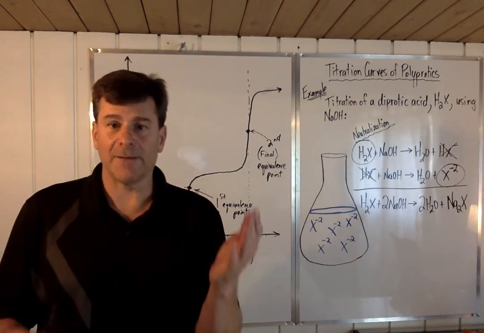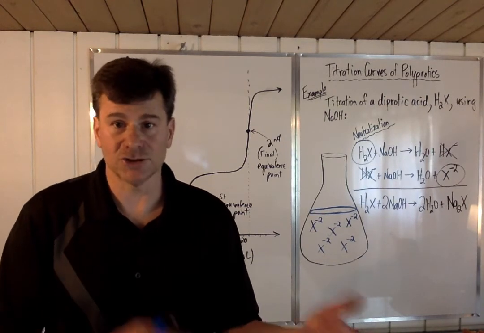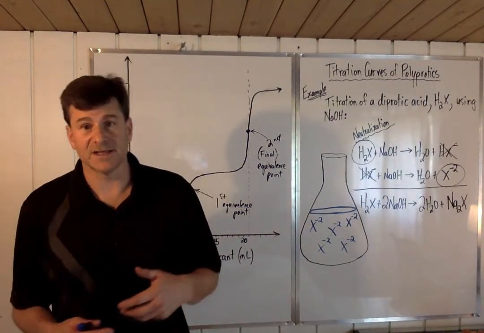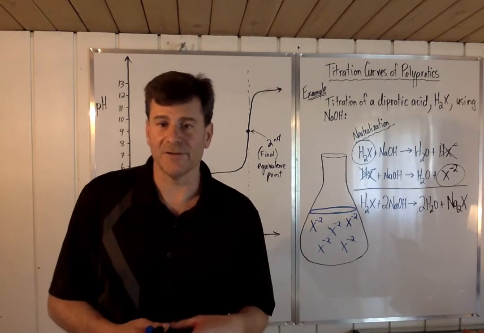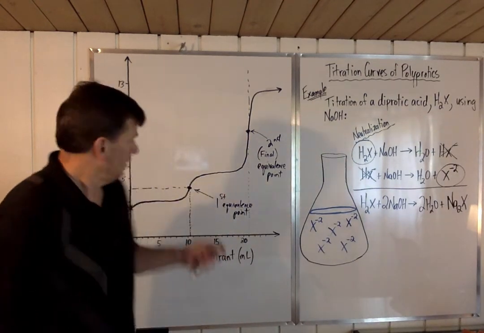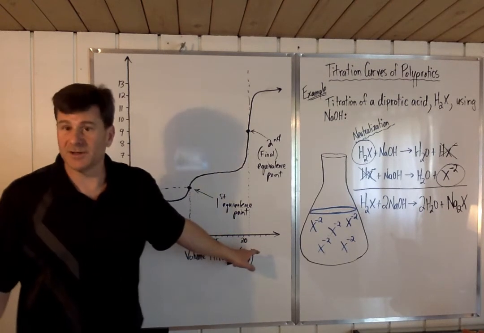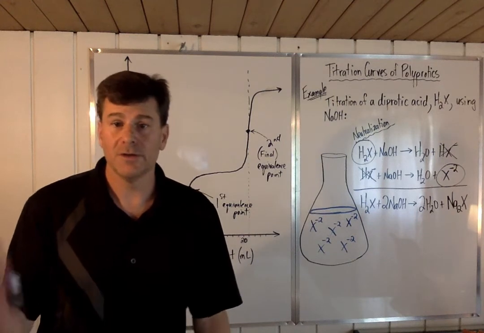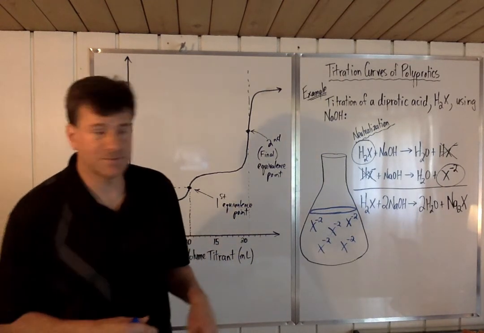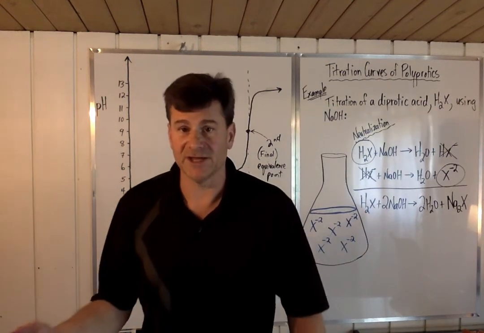The very first step is to do a titration curve so that you know if you're talking mono-, di-, or triprotic, whatever it is that you're talking about. Then you can take it a step further. Of course, we know the volume, it took 21 milliliters. If we happen to know the concentration of the sodium hydroxide we were adding in, concentration times volume gives us moles. We know it's a 2-to-1 ratio over here, so we would know the moles of the H2X.